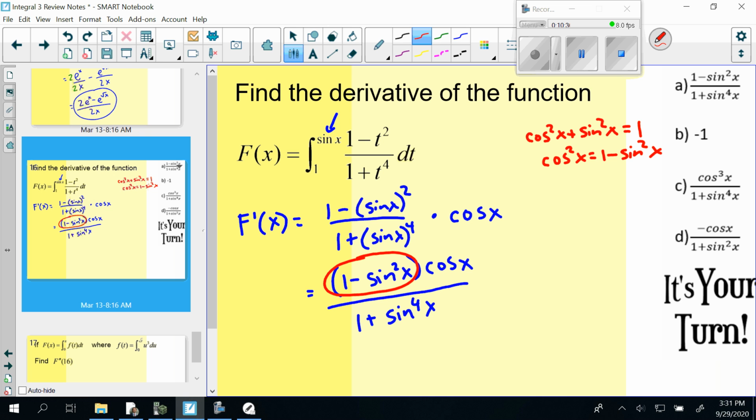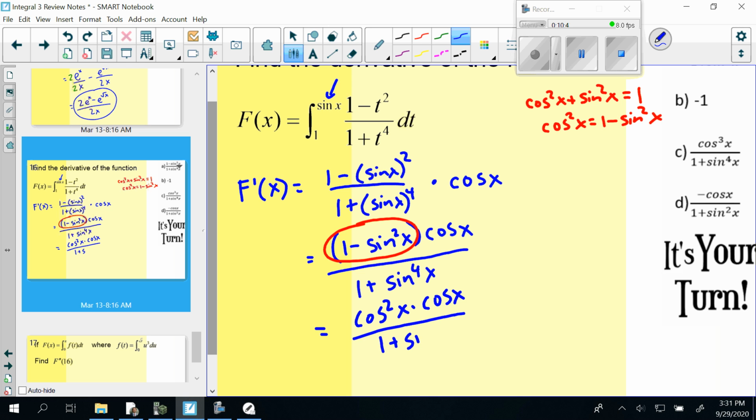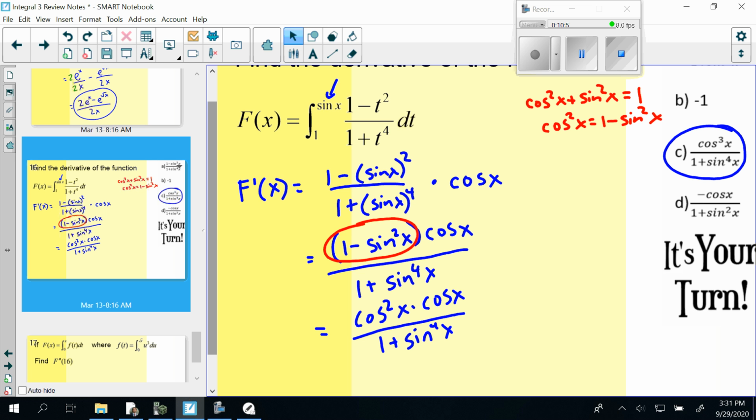So if that gets replaced, now we got cosine squared x times another cosine x over 1 plus sine to the fourth x. And if you simplify that numerator, it does appear C here is the answer. So sometimes if you're pretty confident you've done everything right, look for ways to simplify and identify the correct answer.